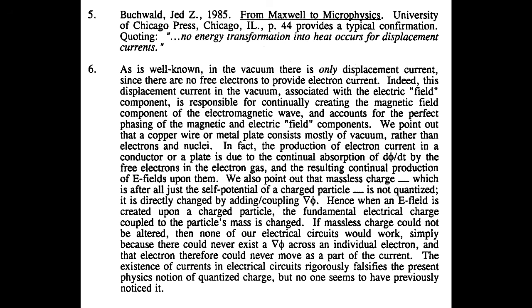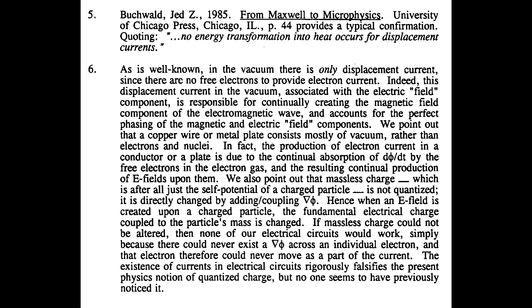As is well known, in the vacuum there is only displacement current, since there are no free electrons to provide electron current. Indeed, this displacement component in the vacuum, associated with the electric field component, is responsible for continuously creating the magnetic field component of the electromagnetic wave, and accounts for the perfect phasing of the magnetic and electric field components.